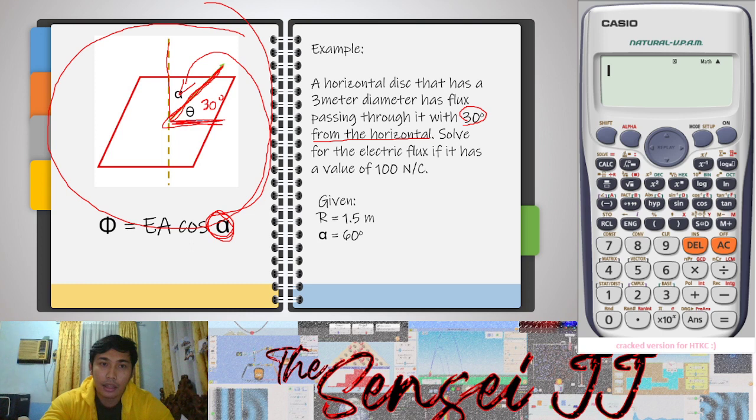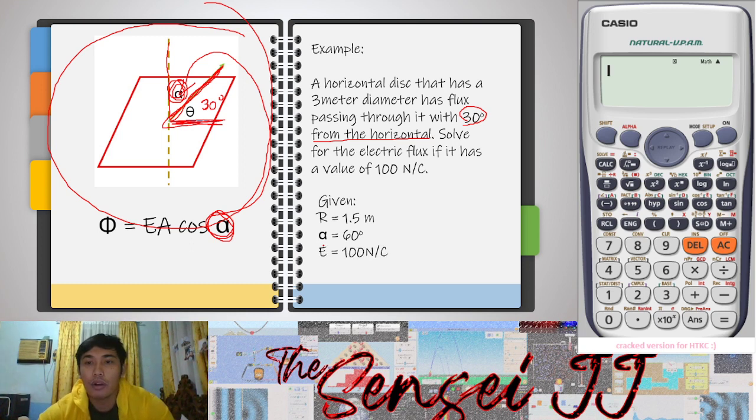But then again, what we need is our alpha angle. So if it is the alpha angle that we want, then that is the angle that we should use. Okay.